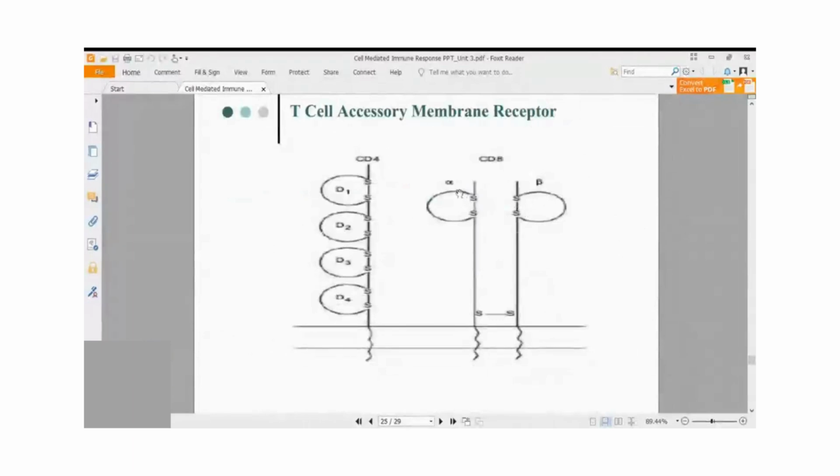Remember, CD4 and CD8 receptor. CD8 designates the T cell as a T cytotoxic cell or CD8 T cell, whereas CD4 designates the T cell as a CD4 T cell or TH cell or T helper cell.